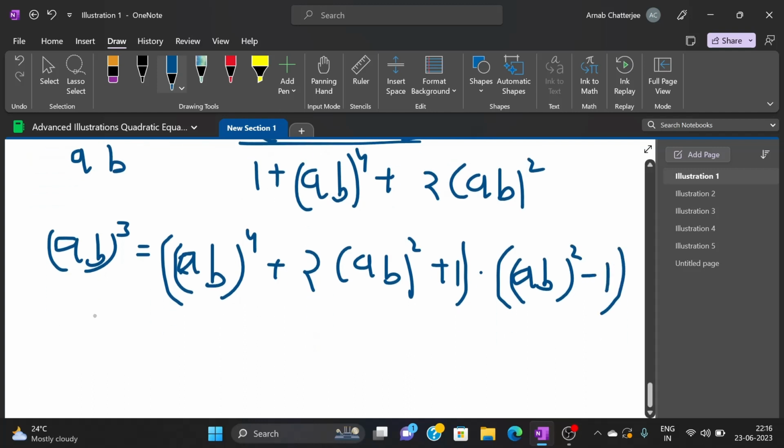So now we do the multiplication part, the calculation part.